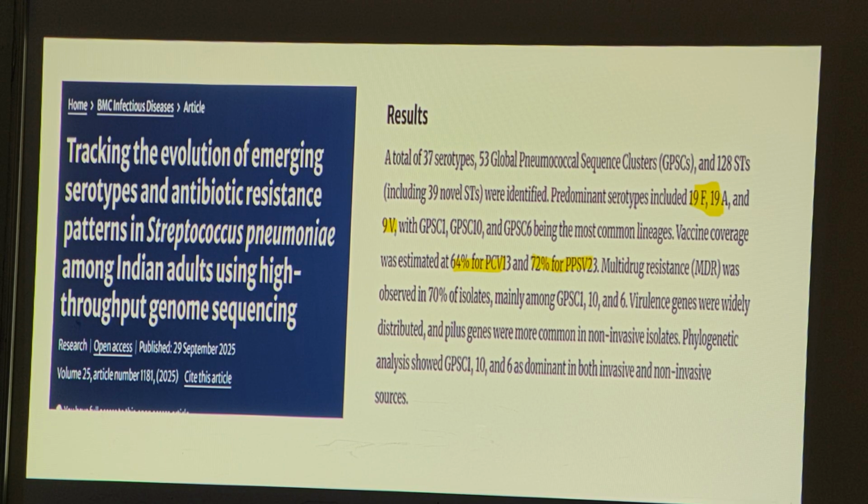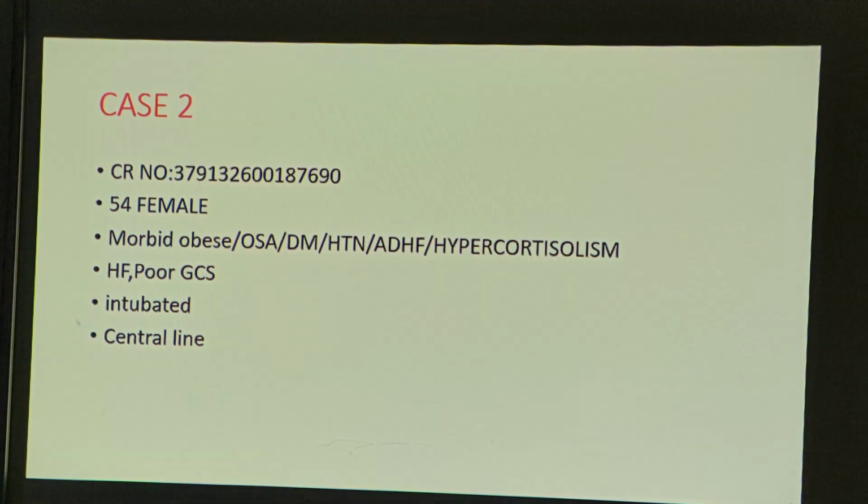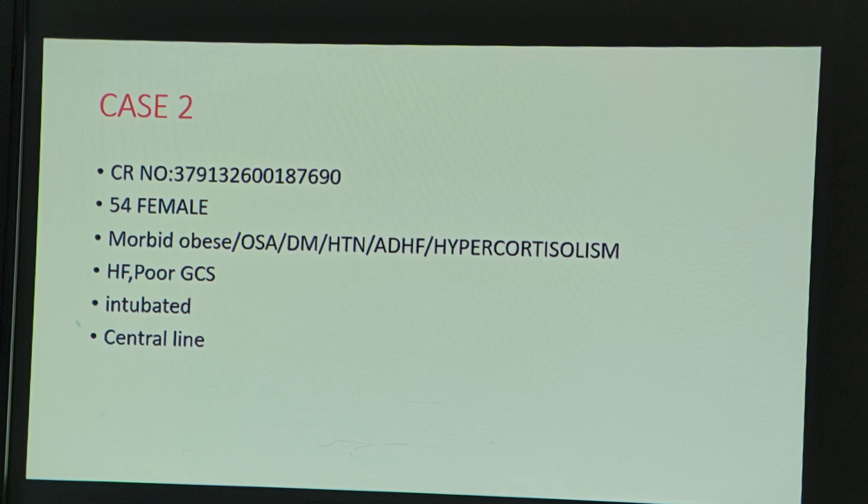This is about the first case. Coming to the second case, this is actually a case coming under the study of our registry. This is a 54-year-old female with a history of morbid obesity, and sleep studies correspond to obstructive sleep apnea features. The patient has type 2 diabetes mellitus, uncontrolled for more than 20 years, and is hypertensive with decompensated heart failure features.